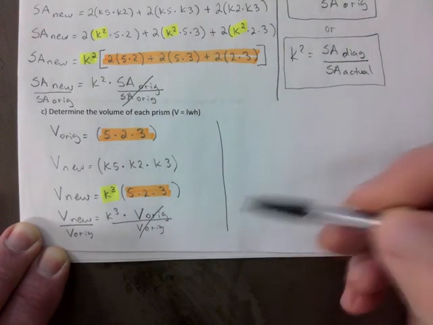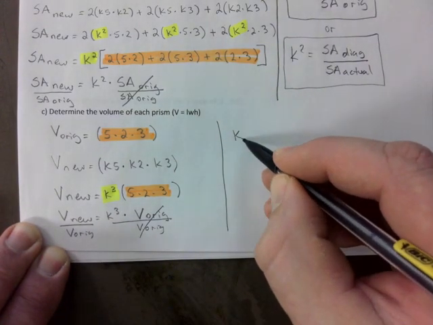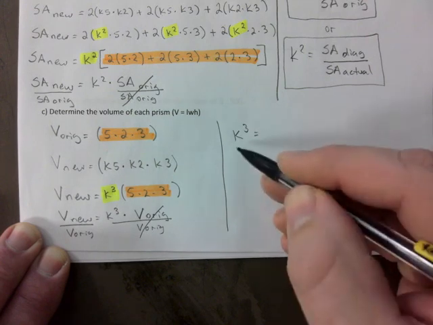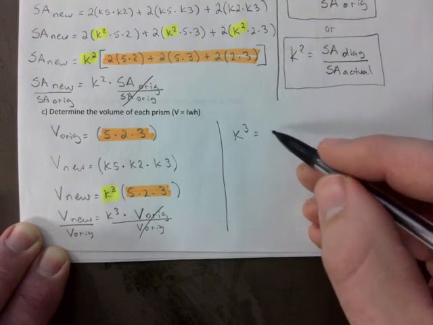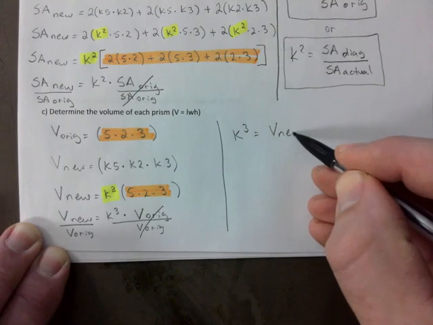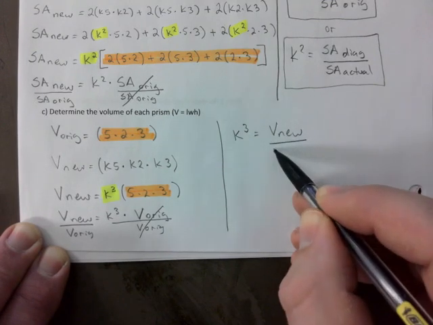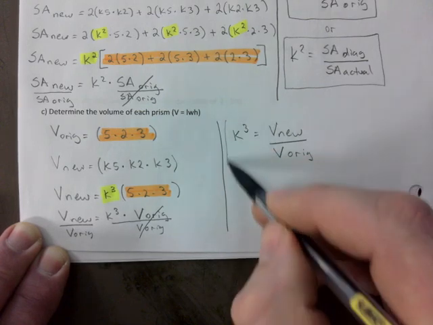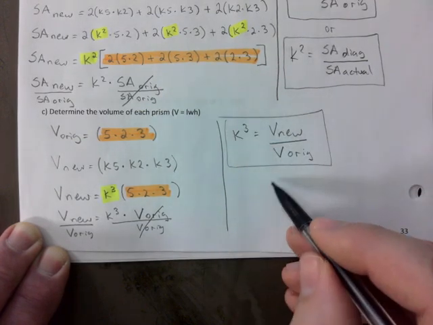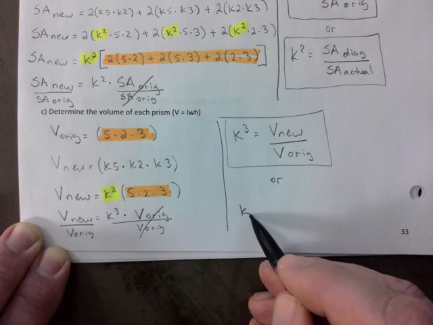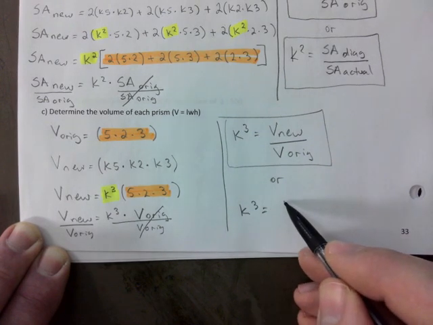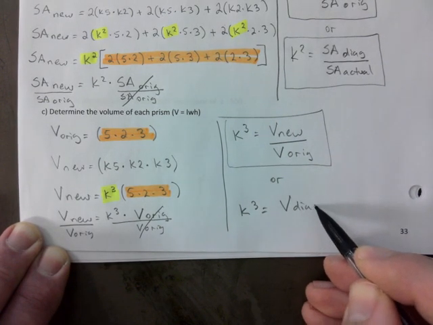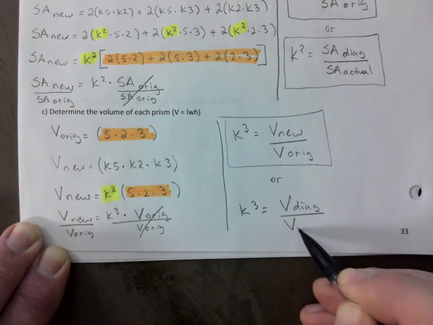And I'm going to conclude here that K cubed, scale factor cubed, is what you would use if you're using volume of new over volume of original. That's one of them. Or K cubed is volume of diagram over volume of original.